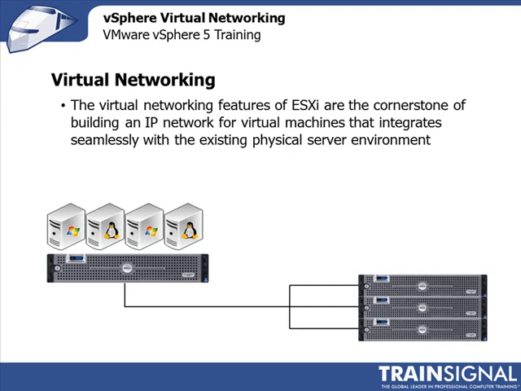The same way physical machines and physical devices require a physical network in order to communicate with one another, virtual machines also require a virtual network in order to communicate with one another, but also to integrate this virtual environment with the physical environment and allow for seamless connectivity of virtual machines or virtual devices with physical machines and physical devices.